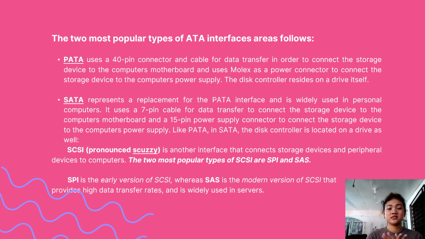SPI is the early version of SCSI, whereas SAS is the modern version of SCSI that provides high data transfer rates and is widely used in servers.